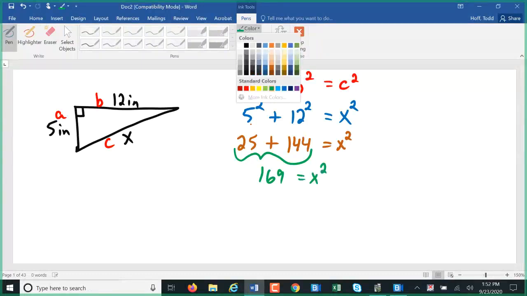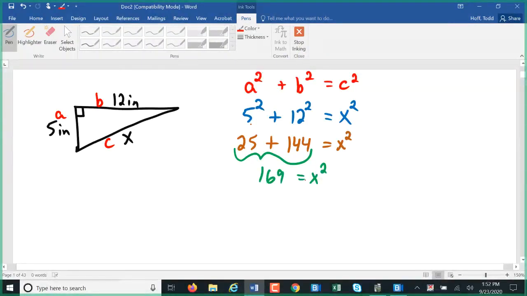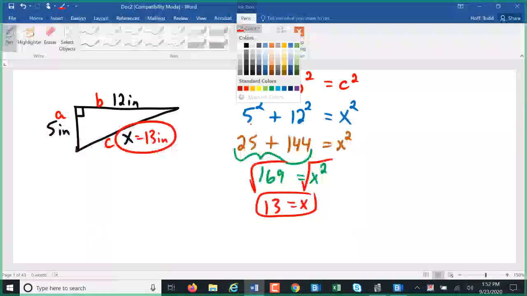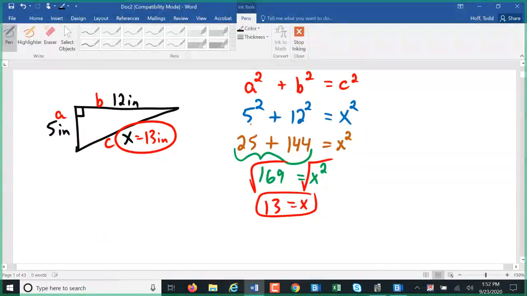Now, if X squared is 169, X has to be the square root of that. Square root of 169 is 13. X is 13. Those other measurements are in inches, so that is 13 inches. Well, that was if we were looking for the hypotenuse and we knew both legs.